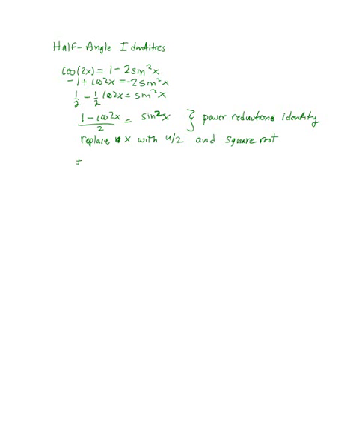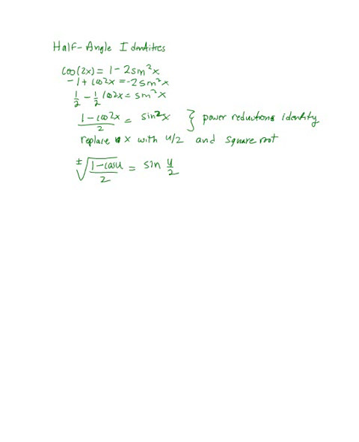So I get plus or minus the square root of 1 minus cosine of u, because when I put a u over 2 in there, the 2's cancel out, divided by 2 equals sine of u over 2. So that's known as the half-angle identity for sine. Sine of u over 2 is plus or minus the square root of 1 minus cosine u over 2.